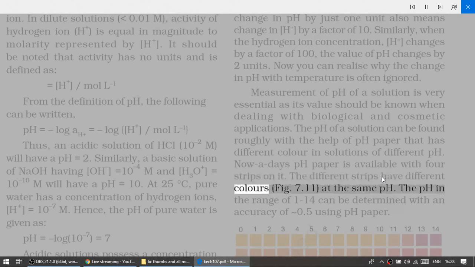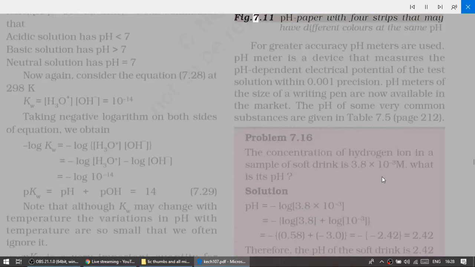The different strips have different colors (Fig. 7.11). The pH in the range of 1 to 14 can be determined with an accuracy of about 0.5 using pH paper. Fig. 7.11: pH paper with 4 strips that may have different colors at the same pH.